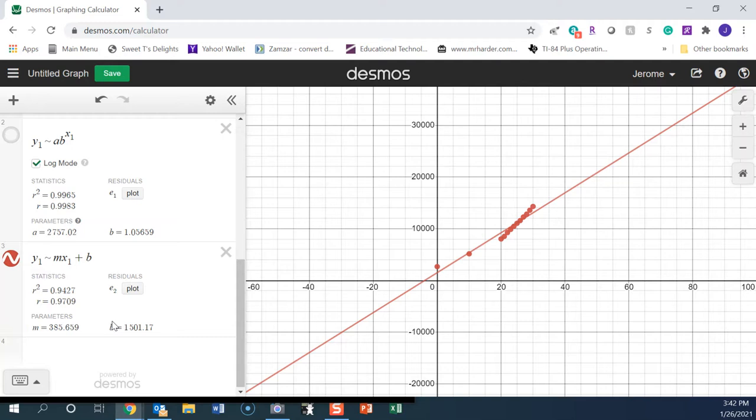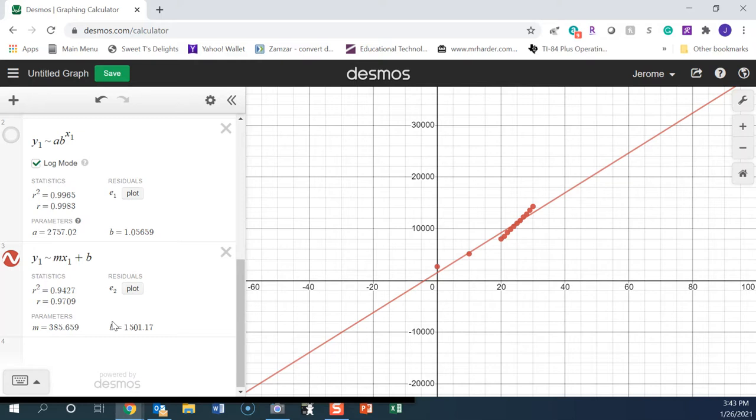Now, let me explain this. Okay, if R was equal to 1, that means that it will perfectly fit all of the points. But since R is equal to a number close to 1, it just lets me know that this isn't the best, but this is still a good fit. So it really doesn't change my idea about this, because I thought it would hit a little bit more than what it did, but I still thought it was still a good graph.